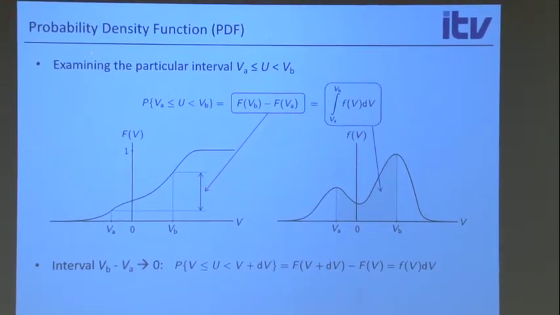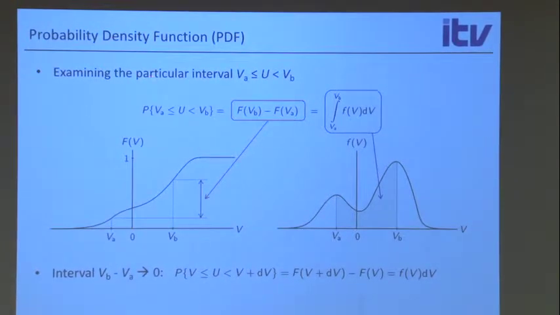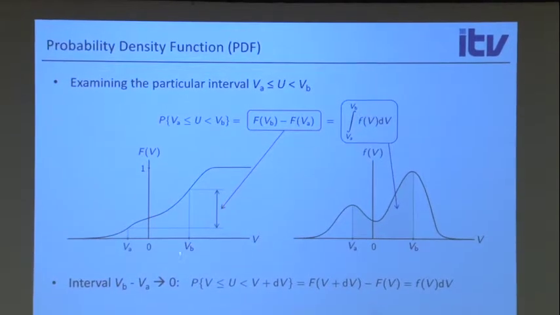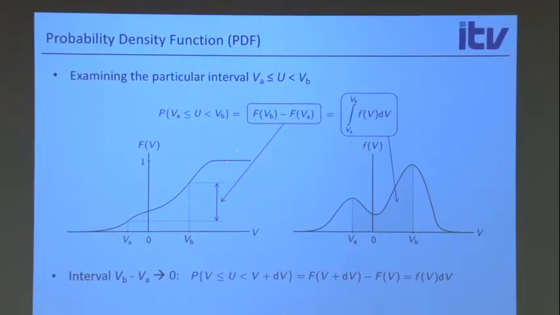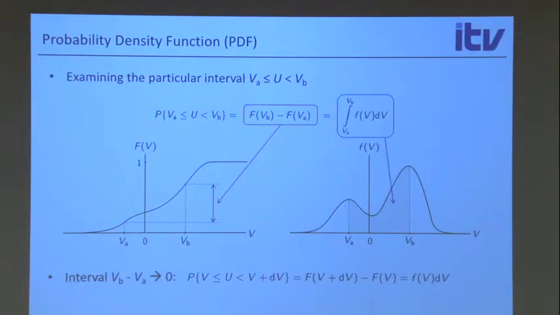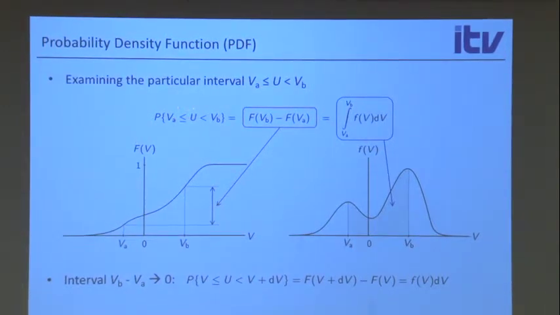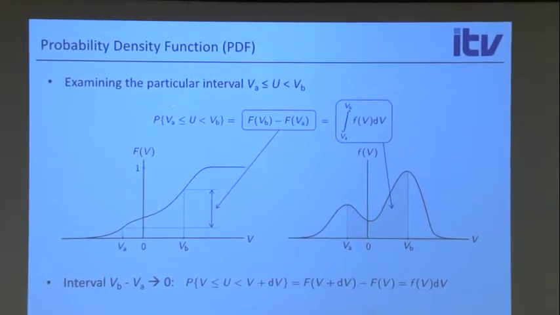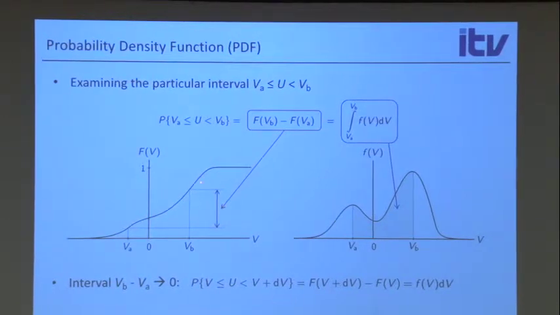So we're talking about the probability density function, and we're also interested in probabilities. What we said earlier was that the probability of finding a value less than a point is just the value of the CDF.